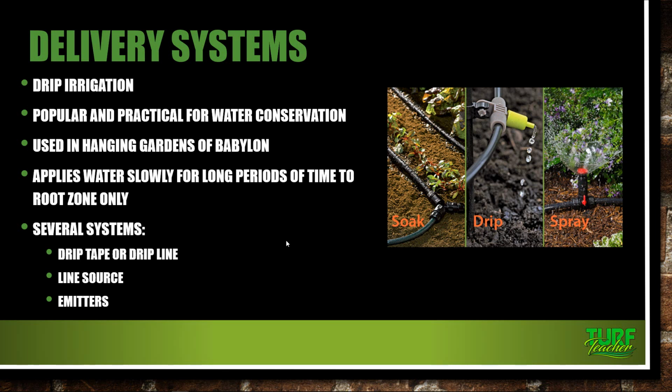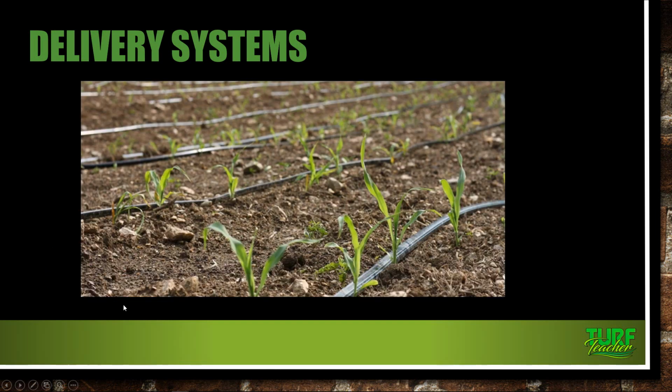They're inserted in a lateral on the end of small plastic tubes. I really like the emitters because that's where you can concentrate that water on specific plants. You can add more than one emitter, or you can get different gallons-per-hour emitters and put them on trees, and then have some lower emitters applied for your shrubs, and it can all be contained on one zone depending on the size of the property.